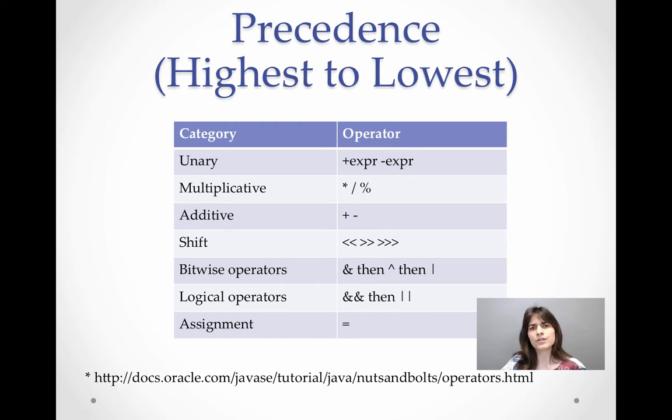In the table you also see operators that we have not talked about yet, like the shift or the bitwise operators. These are operators that are very useful when we're actually doing operations at the binary level. For example, we can be adding 2 bits or multiplying 2 bits, or we may be shifting the bits of a number left or right.